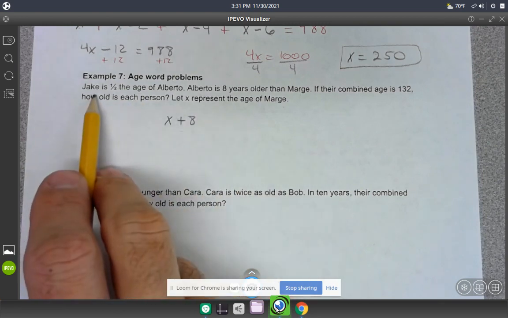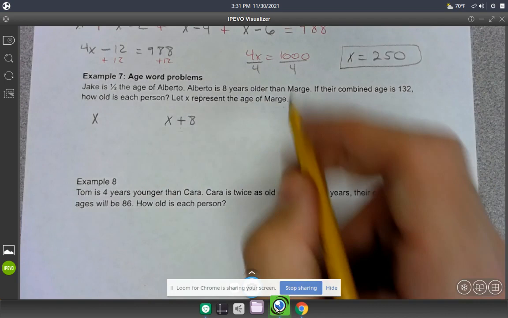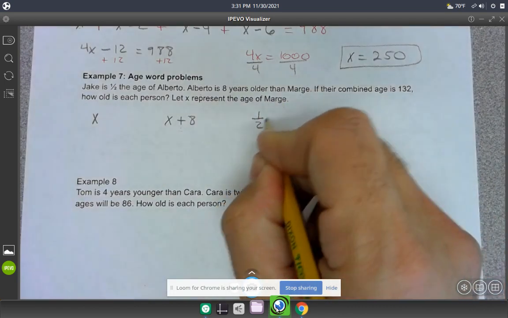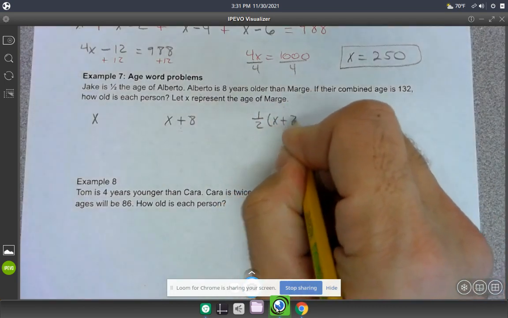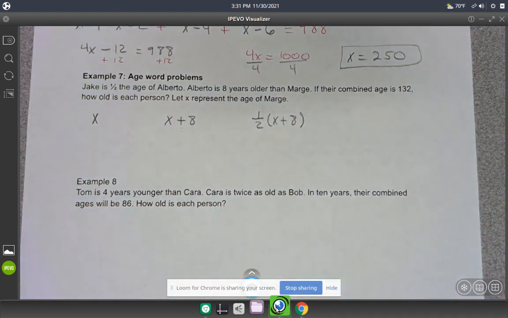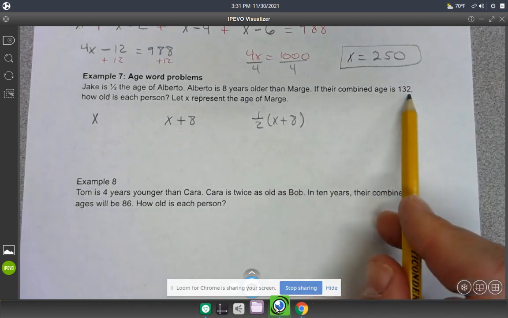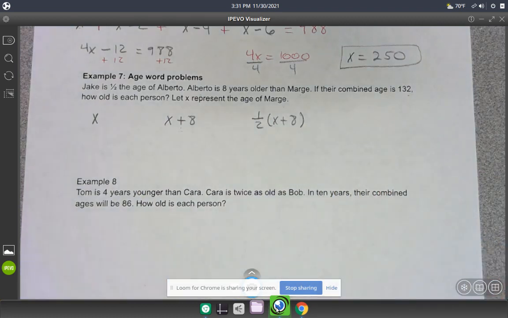And then Jake is half of this age right here. So this would be 1/2 of this x plus 8. That would represent Jake's age. Now, the problem says if their combined age is 132, how old is each person? This is the setup for how you would solve one of these.